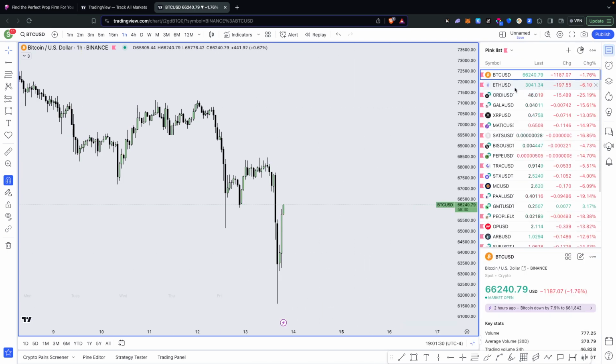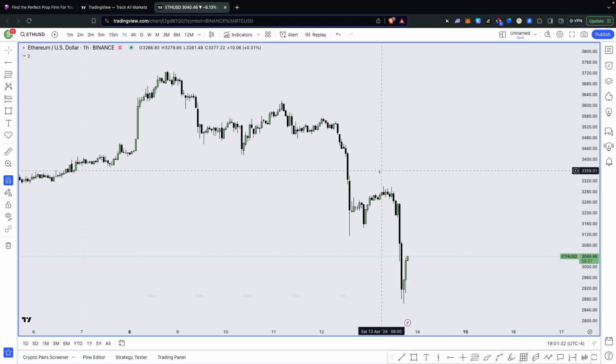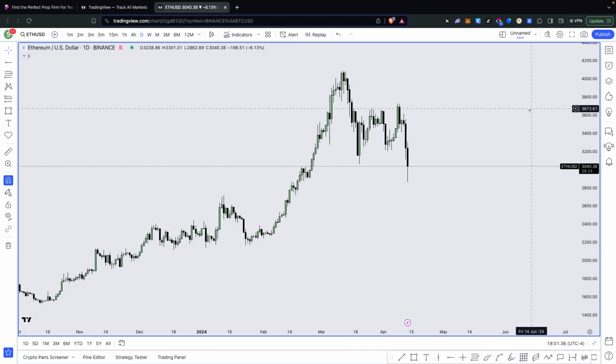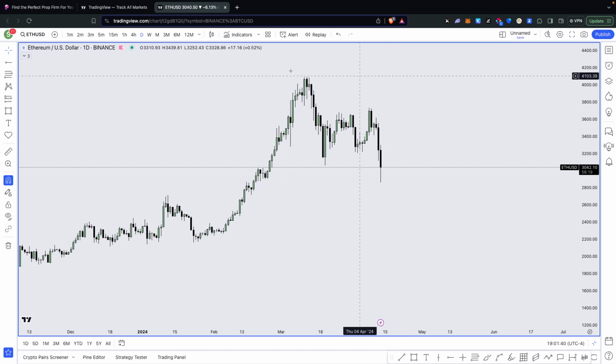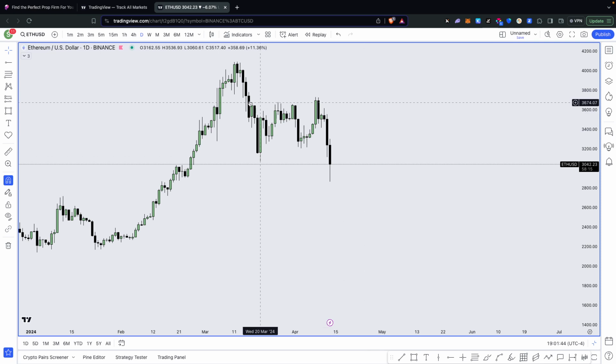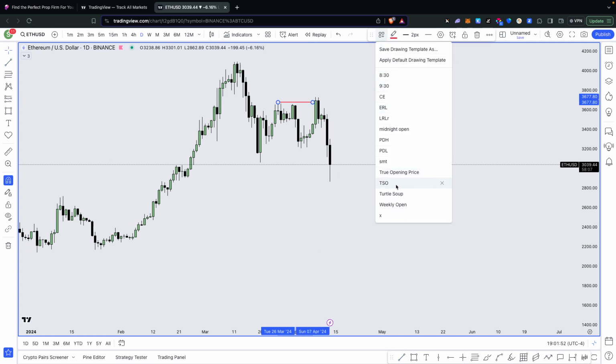And maybe let's look at Ethereum, because it actually moves the same as Bitcoin. You can see the turtle soup there. This is daily, but the turtle soup for Ethereum was not that convincing, because you see that candle actually closed above the highs.